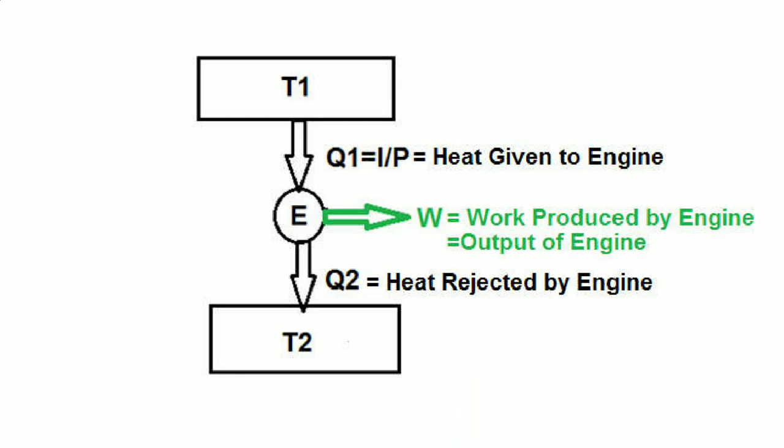Out of this Q1 amount of heat, some heat is utilized for doing W amount of work, and remaining heat is rejected into the atmosphere or surrounding at a temperature T2. In this block diagram, T1 is called as a source temperature, from which Q1 amount of heat is given to the engine. T2 is called as a sink temperature, at which Q2 amount of heat is rejected by the engine.